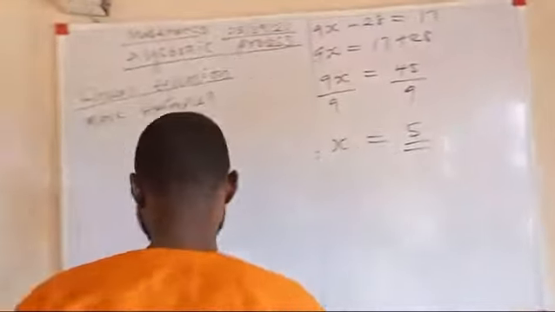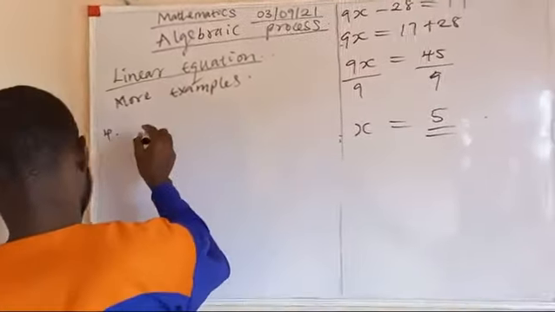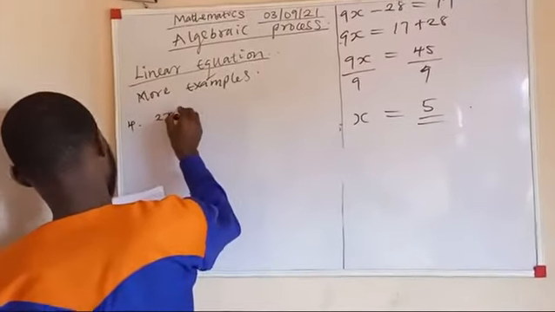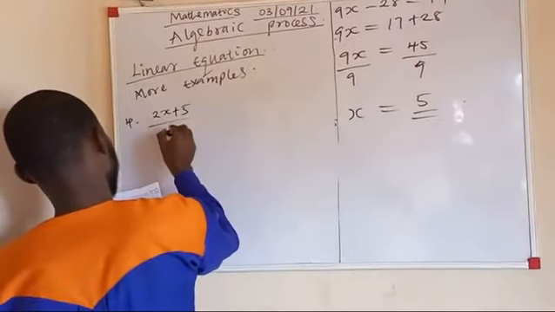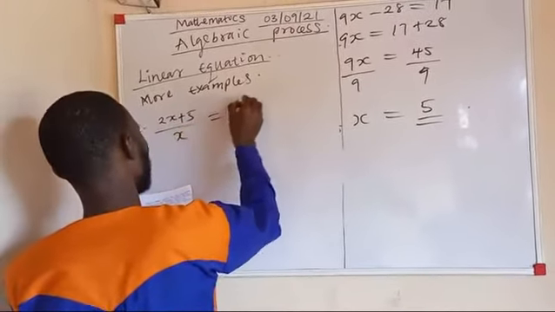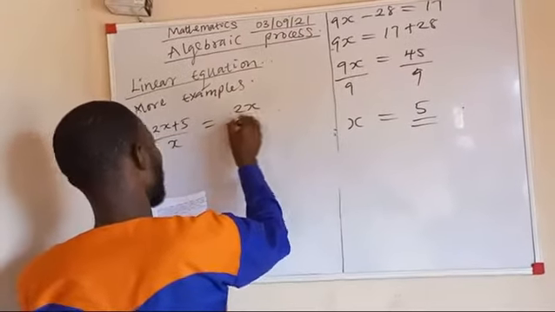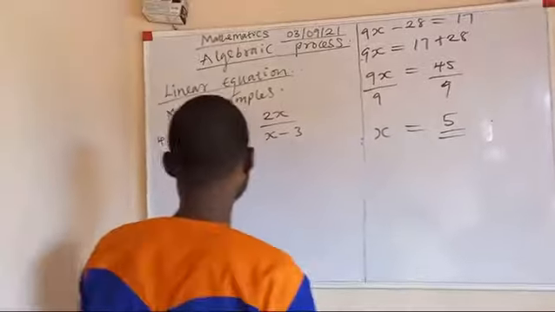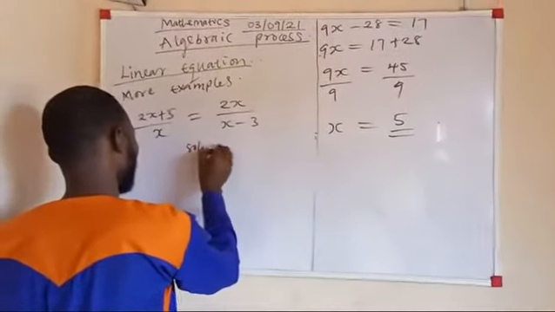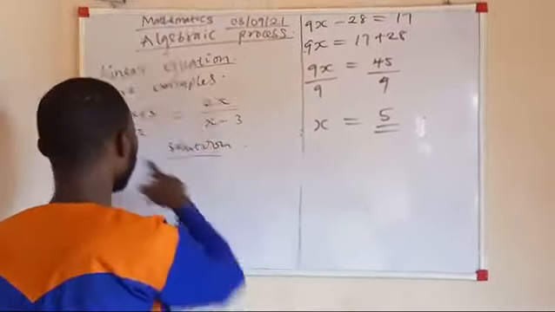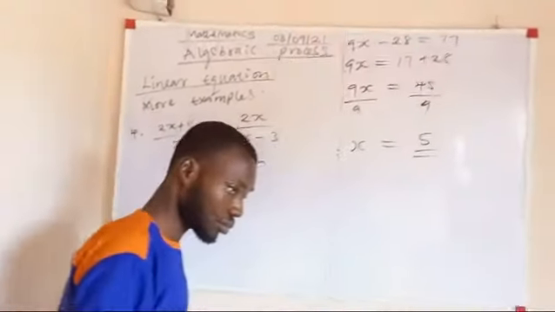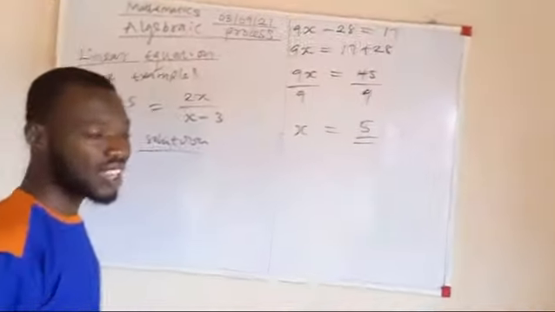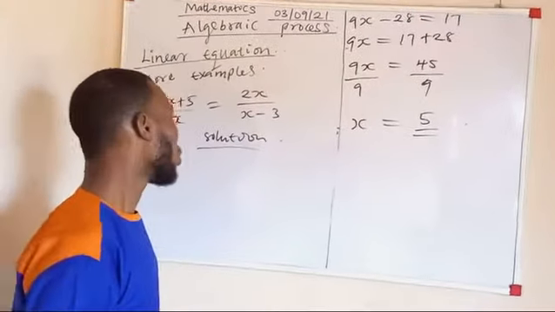Example 4. We have 2x plus 5 divided by x is equal to 2x divided by x minus 3. If you're asked to solve this, the first thing you're going to do is look for the LCM, the one that involves fractions.